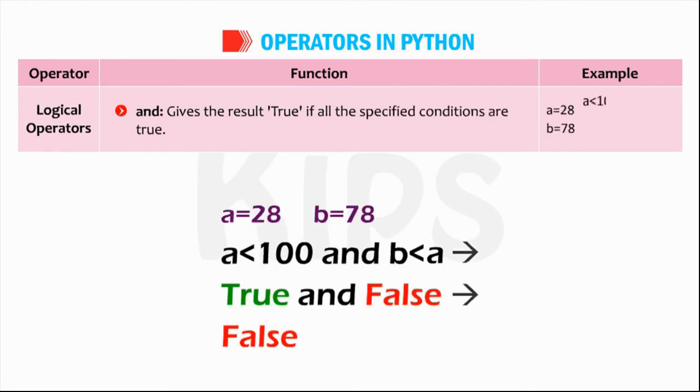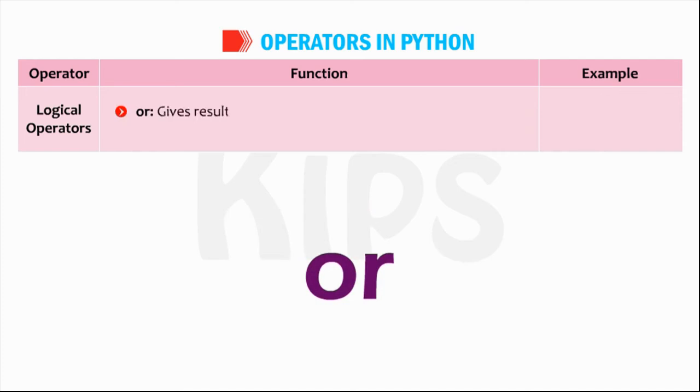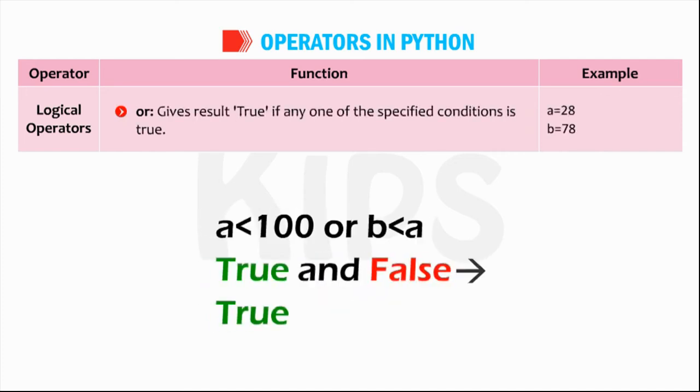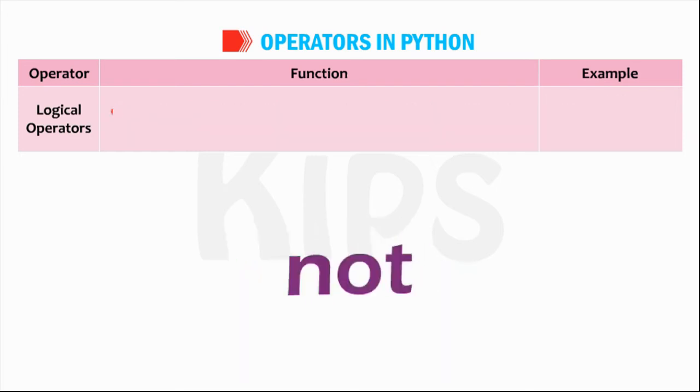A is smaller than 100 and B is smaller than A: True and False gives False. OR gives the result true if any one of the specified conditions is true. A is smaller than 100 or B is smaller than A: True or False gives True.